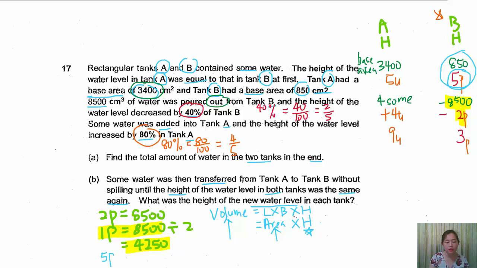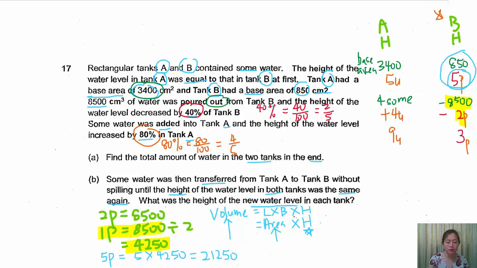Five part is equals to 5 multiplied by 4250, and it will be 21250.